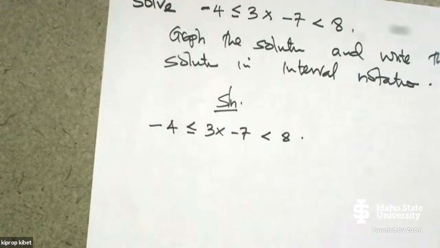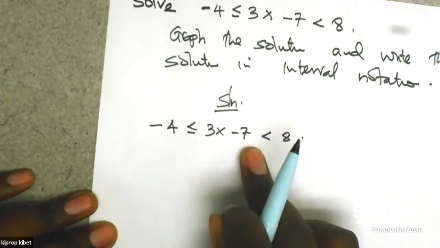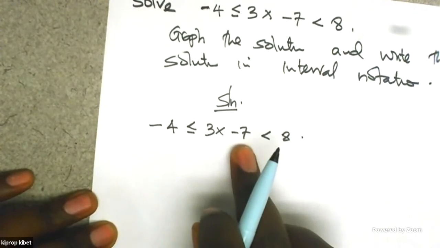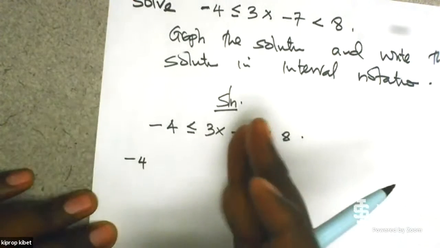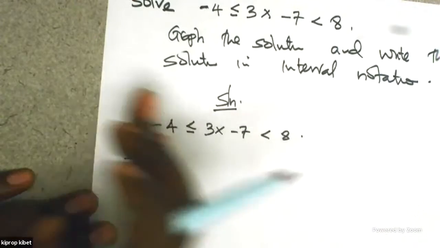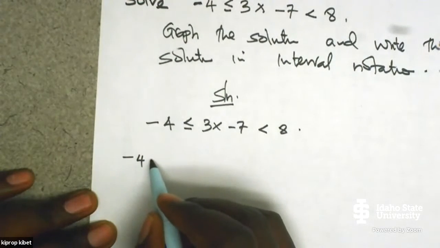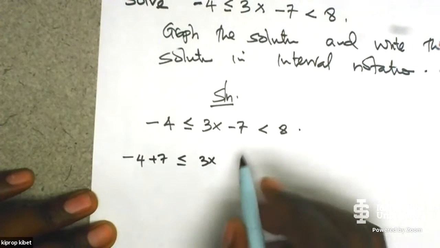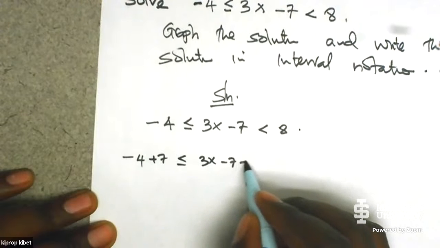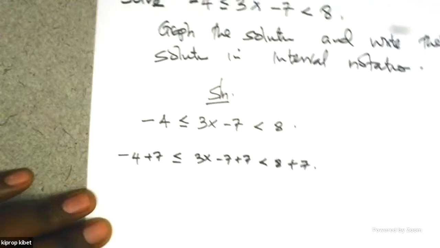So step number 1, remove this constant. So what do you do to 7? You add, right? So what you add here, you also add in the right and the left. So -4 plus 7 less than or equal to 3x minus 7 plus 7 less than 8 plus 7.